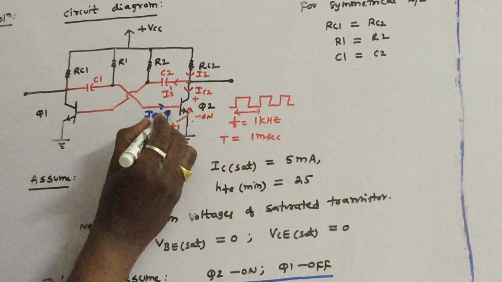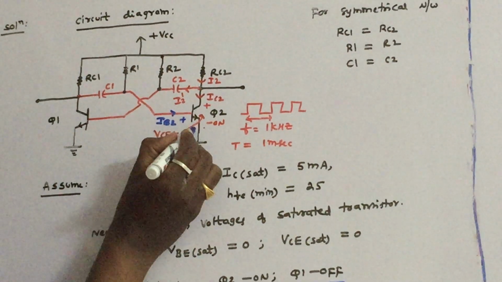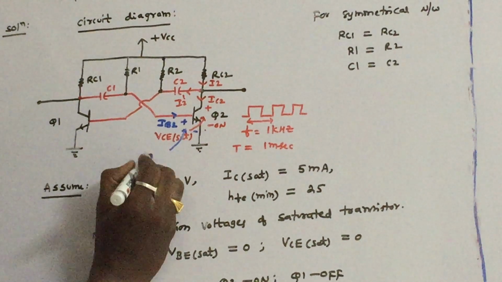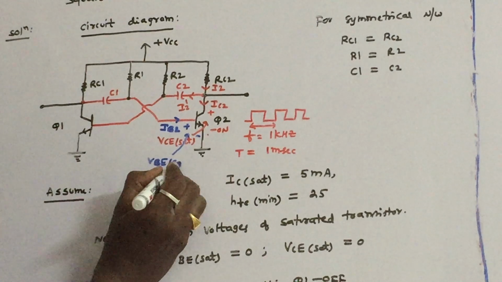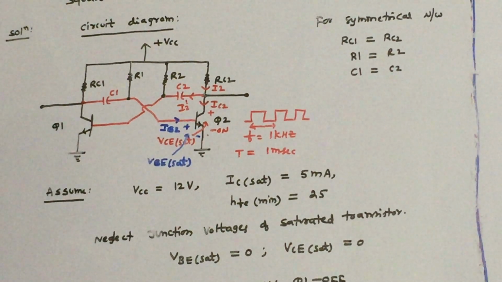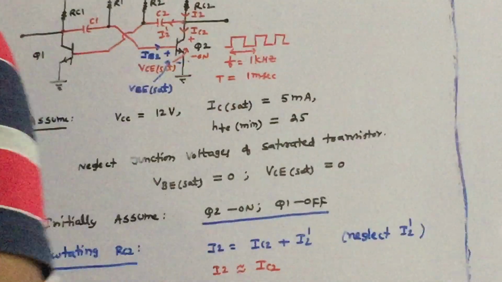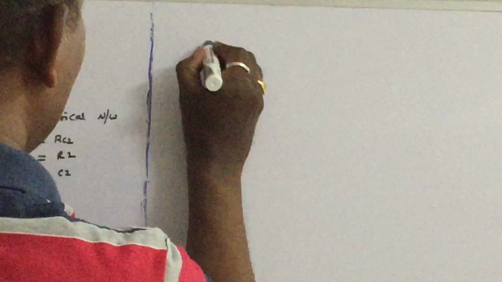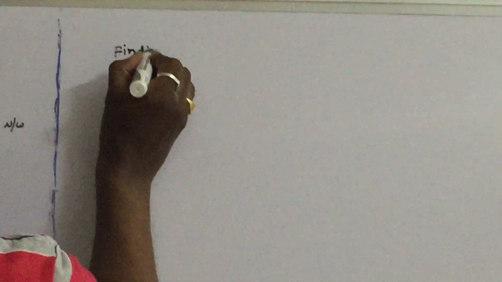As you know, the base to emitter voltage is VBE saturation. So let us find R1.